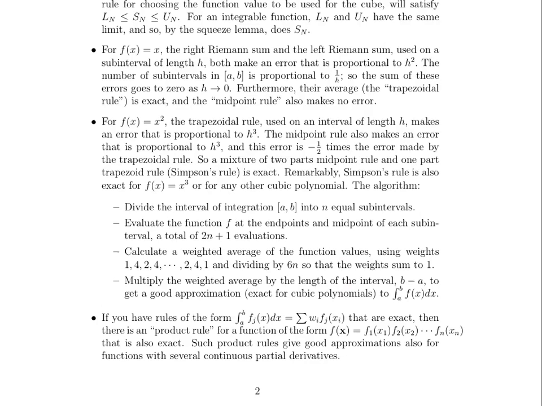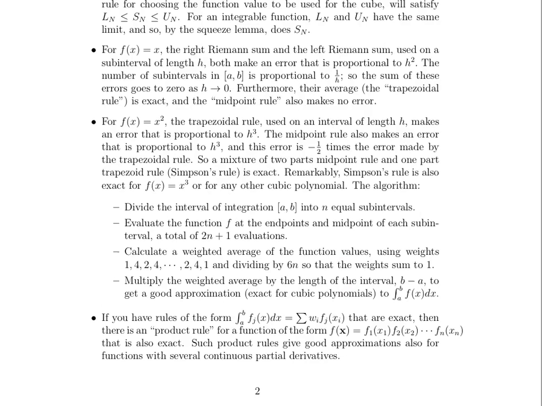The number of subintervals in our parent interval from a to b is proportional to 1 over h. Note that 1 over h is the number of intervals of length h in an interval of length 1. So the sum of these errors is actually going to go to 0 as h goes to 0. What's great about this is that as h goes to 0, or as our subintervals get finer and finer, the error associated with the right Riemann sum or the left Riemann sum is going to disappear.